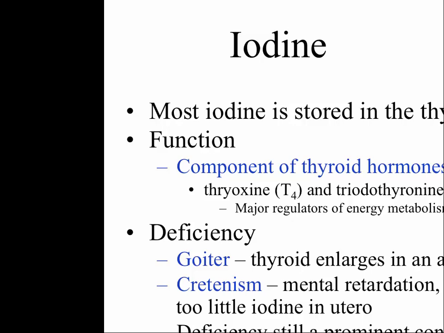So in 1924, the U.S. government said, hey, we could fix this. What's something that everybody eats often? And they said, you know what, table salt. People are always salting their food. So if we add iodine to table salt, we'll solve this problem. And that's exactly what they did. And that's why none of you know what a goiter is.